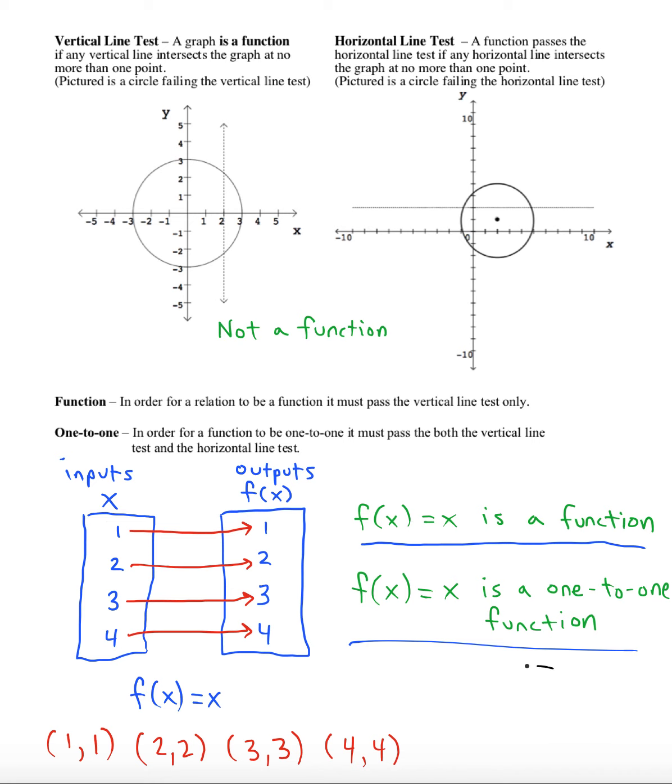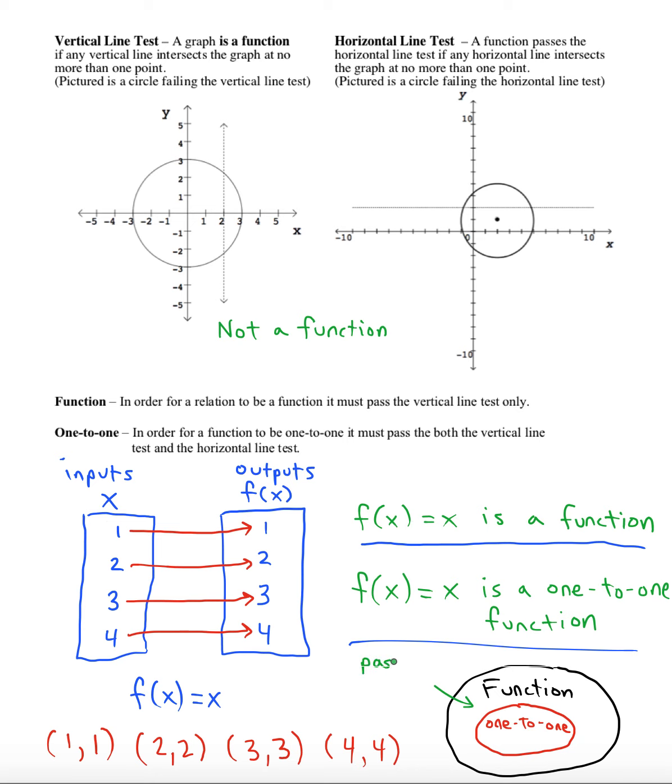Now, interestingly, 1-to-1 functions are a subset of functions. You have to be a function in order to be 1-to-1. Now, how do you get to be identified as a function?